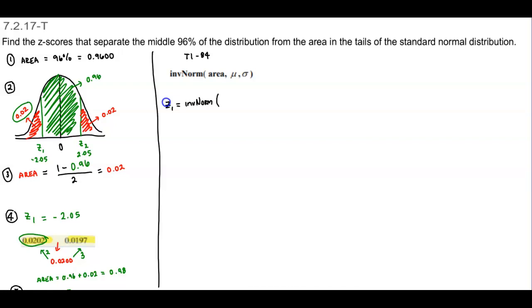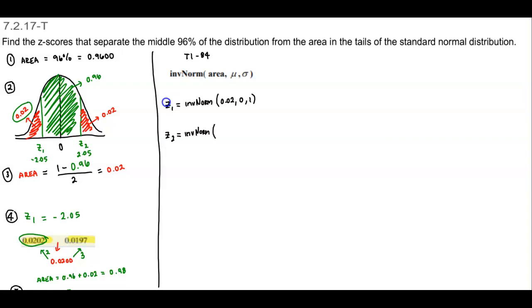The area for z1, we saw we needed to use 0.02, and then the mean is 0 and the standard deviation is 1. And then likewise, to find z2, again that's going to be invNorm.